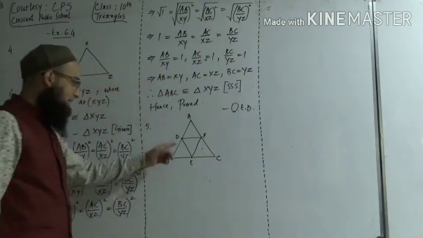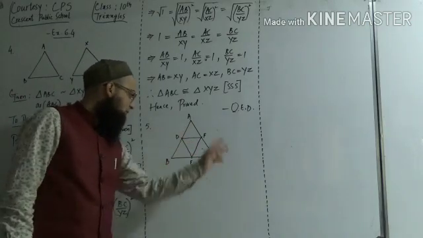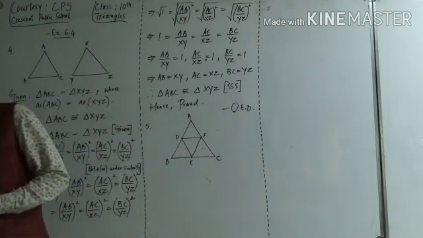So you got triangle DEF. Now find the ratio of the area of triangle DEF to the area of triangle ABC.